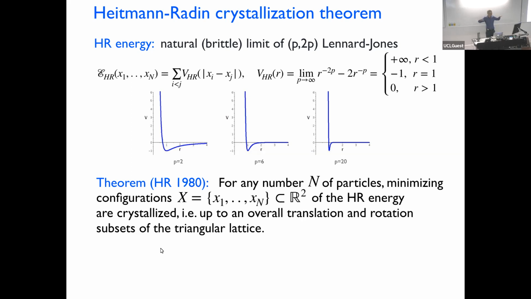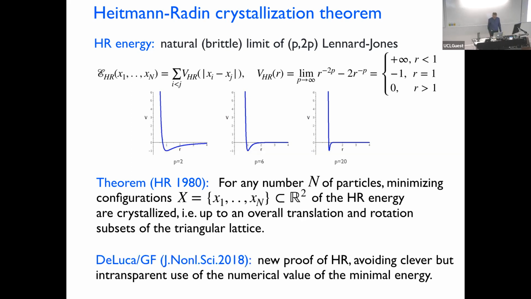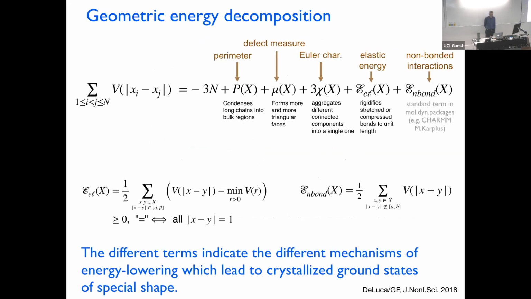That's the amazing thing, and I think that's the only case where something like this has been proved. We have a new proof based on discrete differential geometry. The old one was clever, but used some numerical value of the minimal energy and did some iteration with that. We think our proof is much simpler.